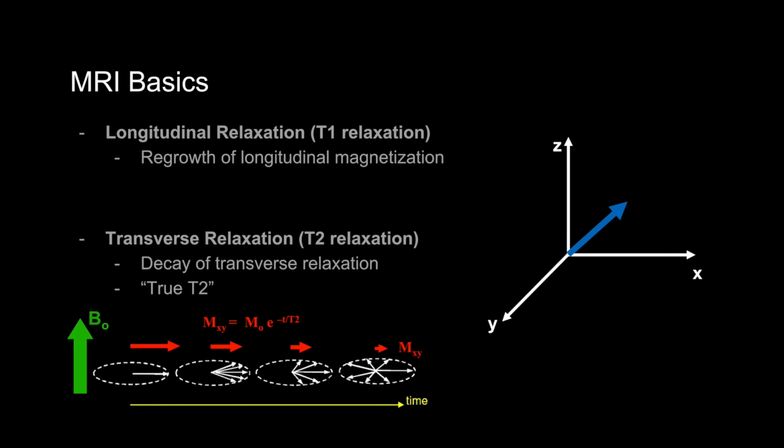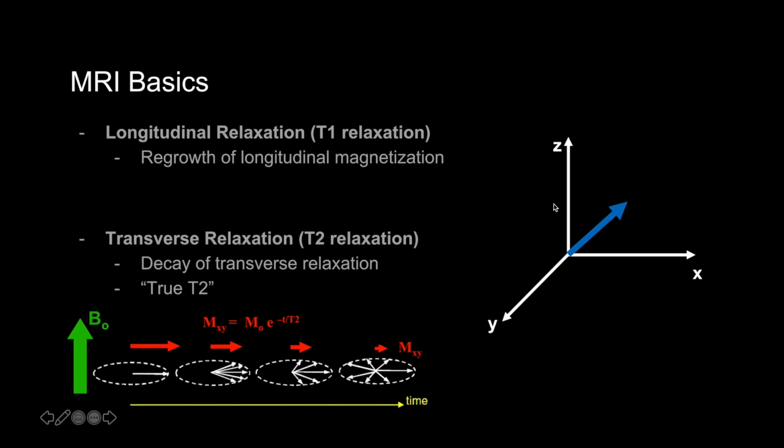This is based on interactions of the hydrogen nuclei with the molecular environment, and it's also referred to as the true T2 effect. A key point that might not be immediately apparent is that anything that causes T1 relaxation, and moves the magnetization towards the z-axis, is always going to result in a concomitant loss of transverse magnetization.